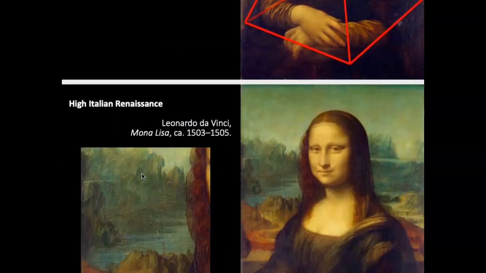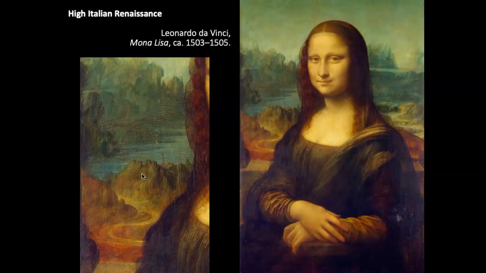When we look at the background here, yes, it's obvious. We can see the atmospheric perspective, but we also see this almost fantastical landscape. I say fantastical because it's not like any space or landscape in or around Florence. It's this very generic hilly space with bridges and pathways that lead up and around.